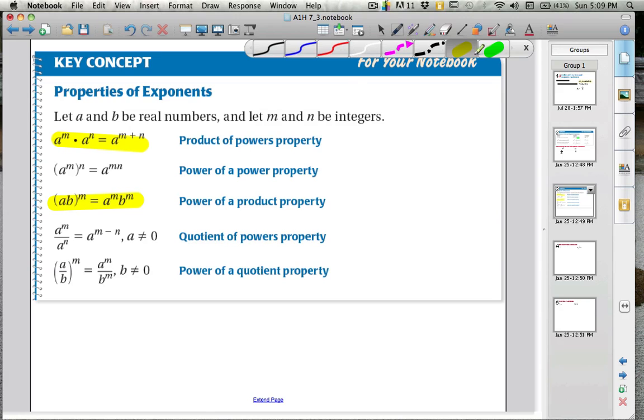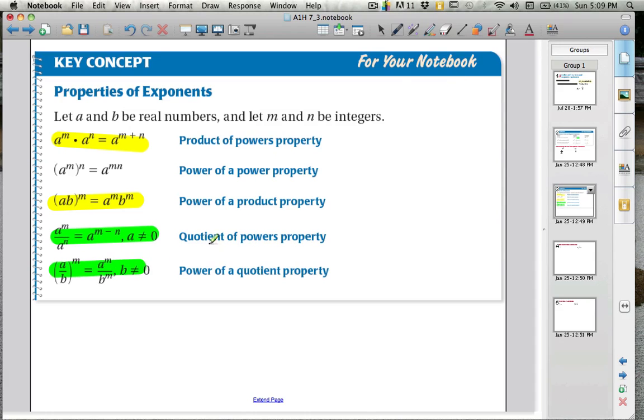Then we had the quotient properties, where we were dividing. Those were in 7.2. And we also had the power of a power property, which was also in 7.1.